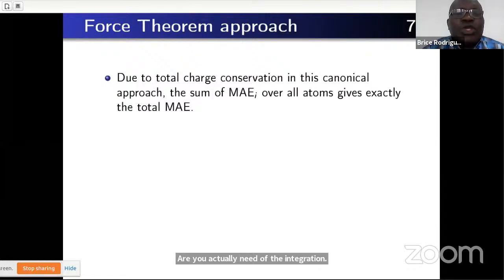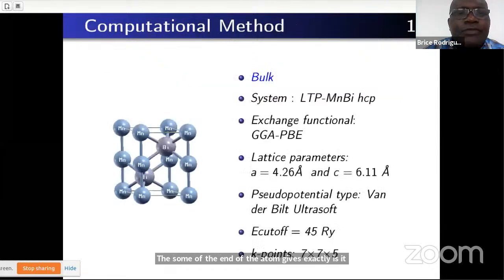Due to the total charge conservation in this canonical approach, the sum of the MAE over all atoms gives exactly the total MAE.